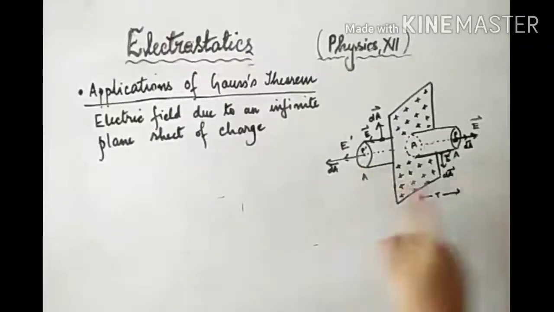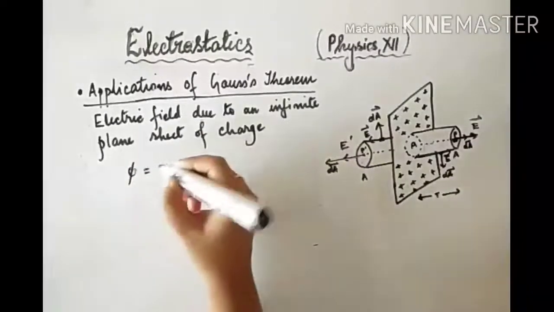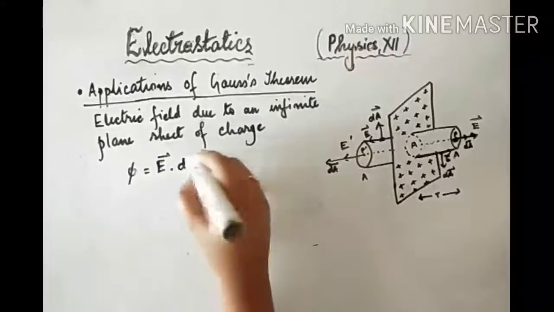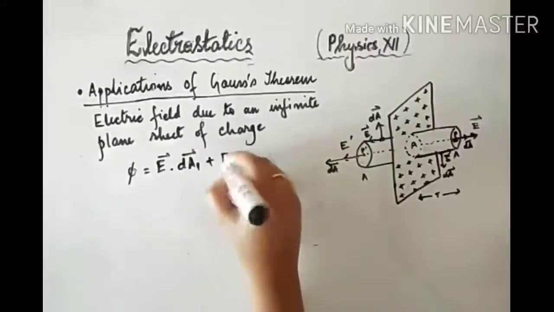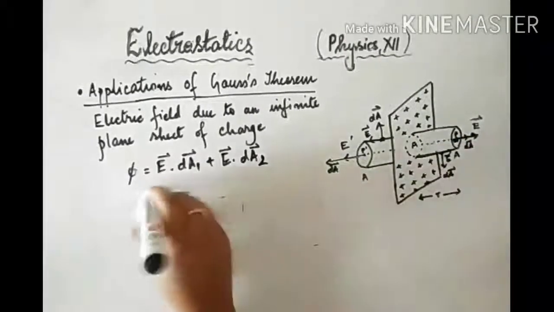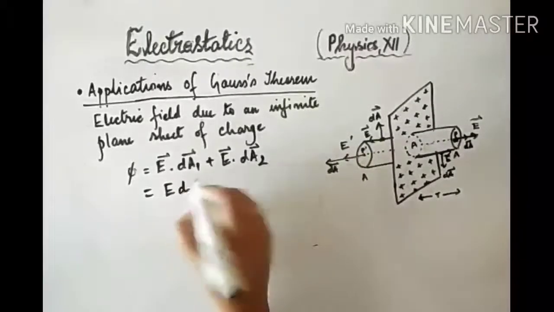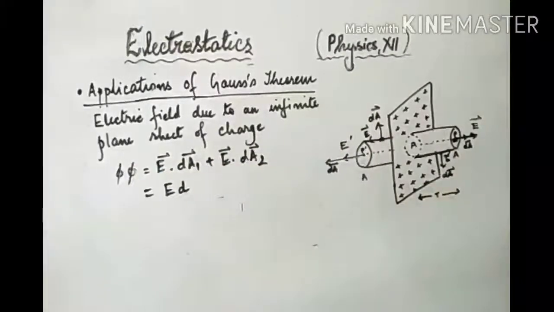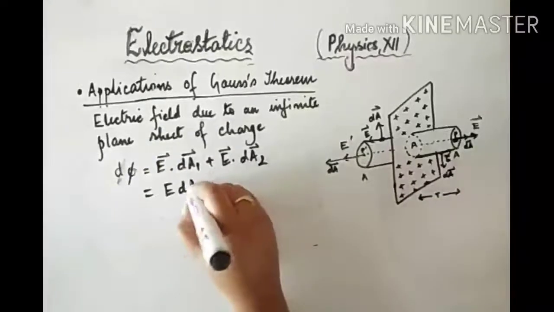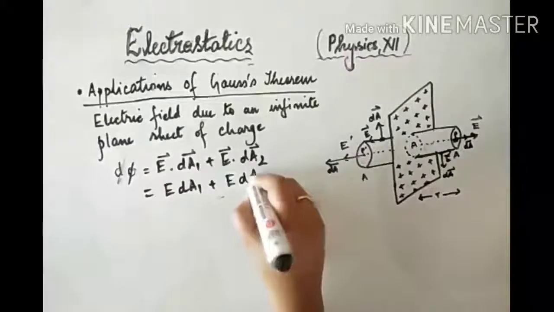So if you take the flux at both the ends, E dot dA1 plus E dot dA2, because at the curved surface it will be 0. So here we get E dA1 plus E dA2.